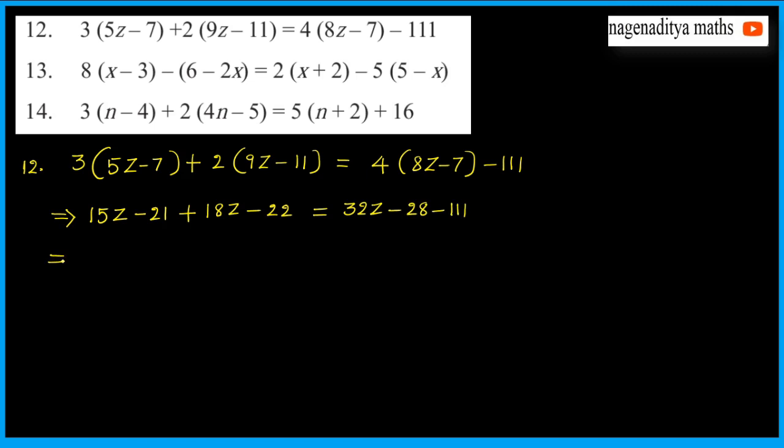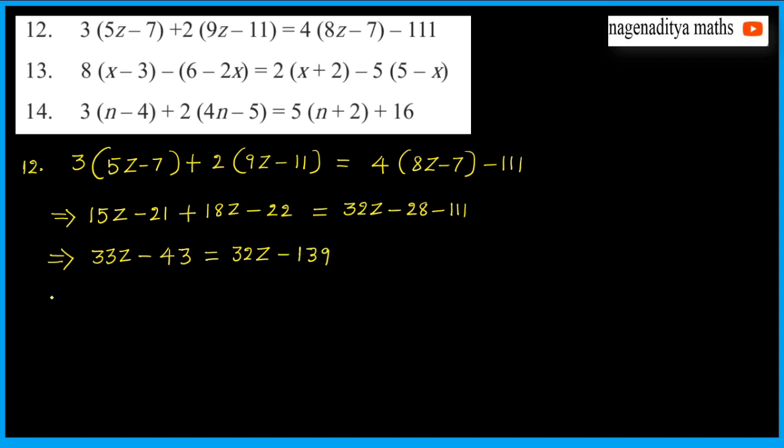So this implies 15z plus 18z, that is 33z, minus 21 minus 22, that is minus 43, is equal to 32z minus 28 minus 111, that is minus 139.